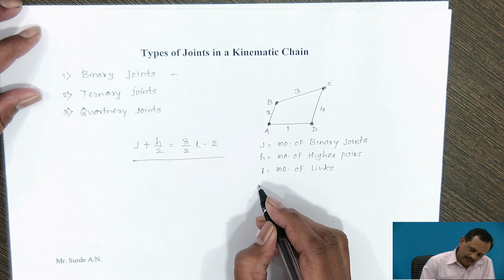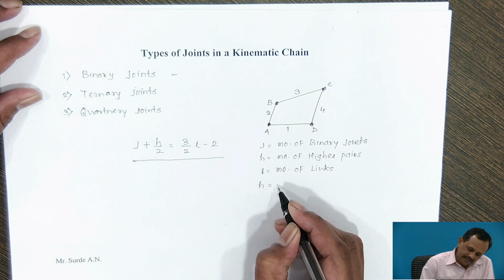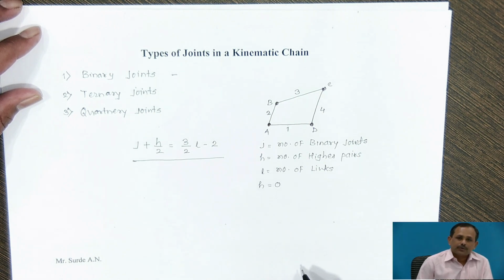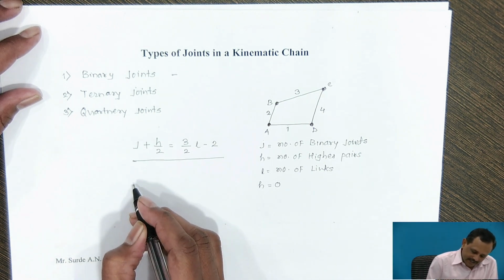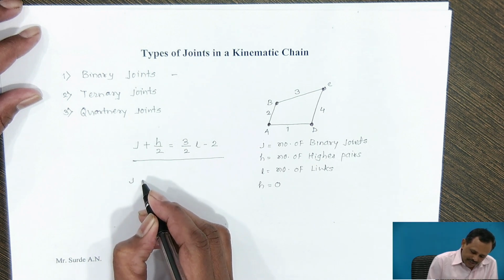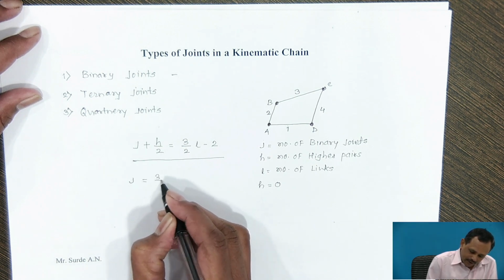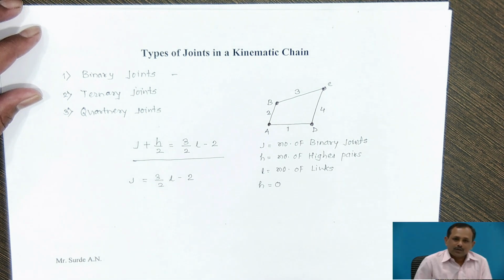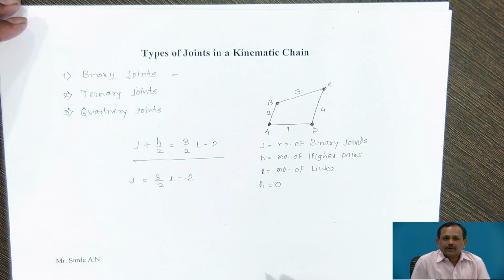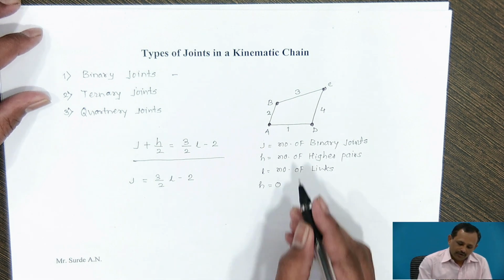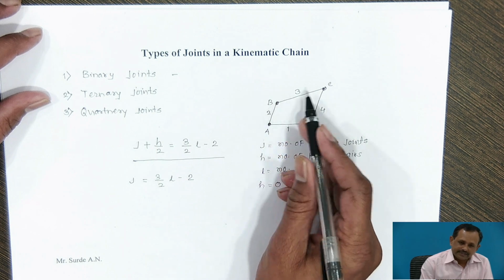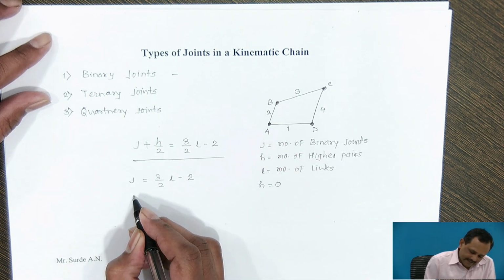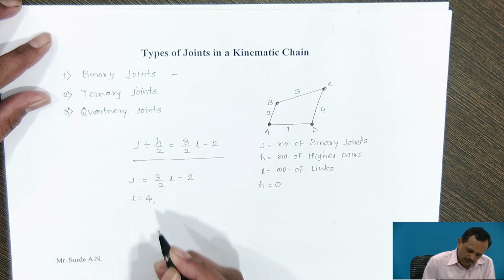If the number of higher pairs in a chain is equal to 0, then this relation reduces to J is equal to 3 by 2 into L minus 2. By using this equation, we can determine the nature of a chain. As this chain consists of 4 links, L is equal to 4.